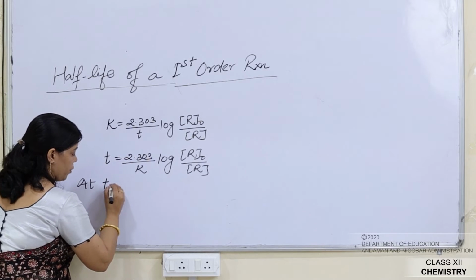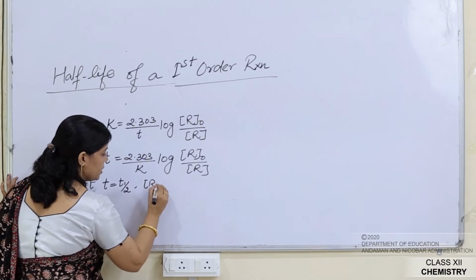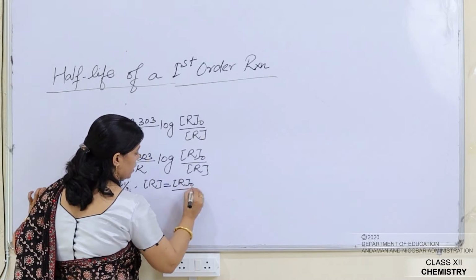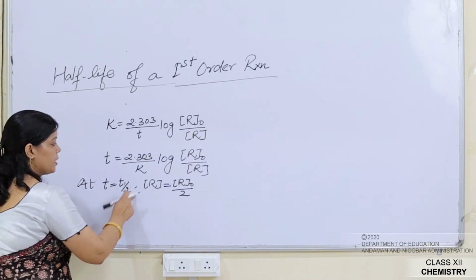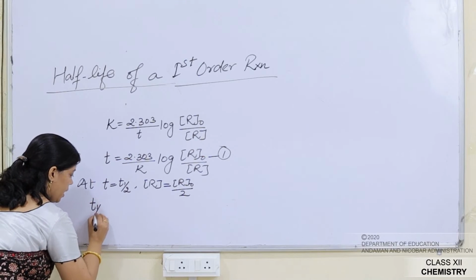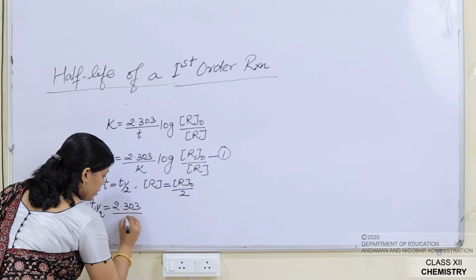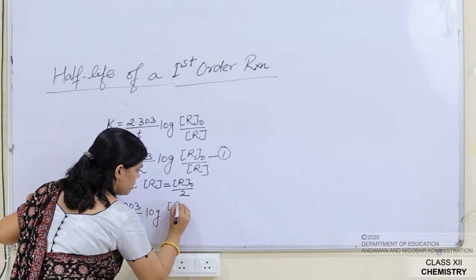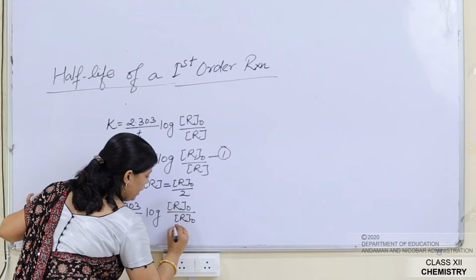At T is equal to T half, what is the final concentration? The final concentration is half of the initial concentration, that is R naught by 2. Now I am going to substitute this value in this equation 1. Then T becomes T half, equal to 2.303 by K log R naught divided by R naught by 2.